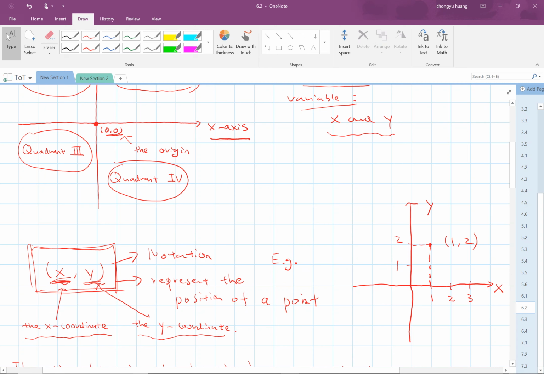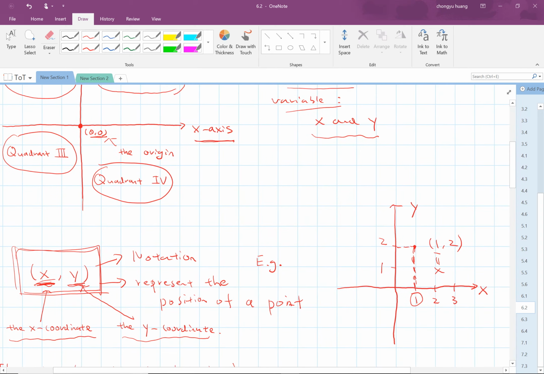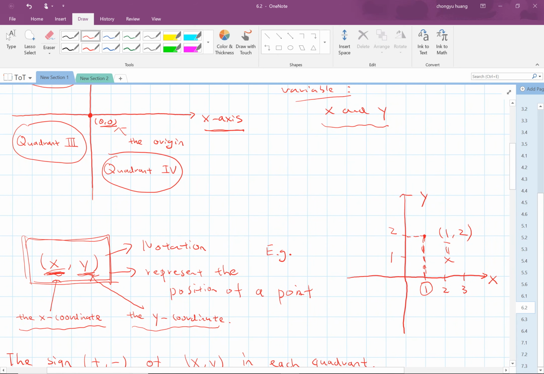That's basically how you use the notation. You should first write the x. As you can see, on the x-axis the number is 1, so the x coordinate will be 1.